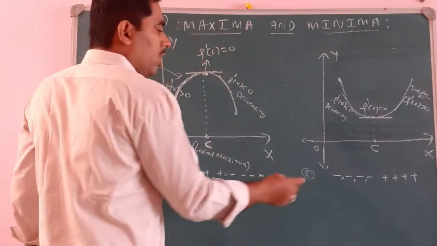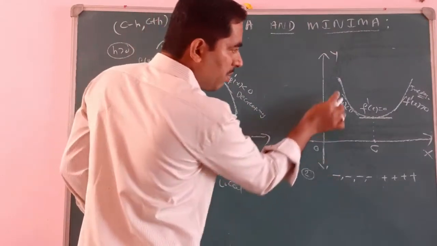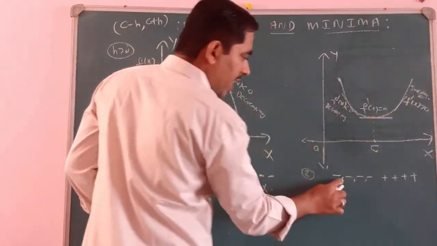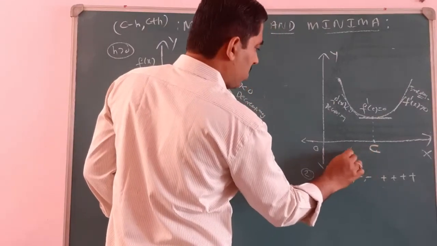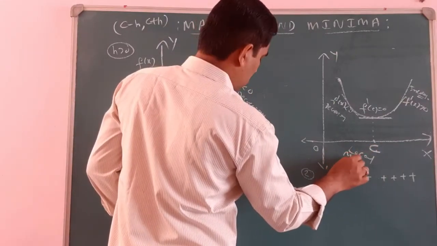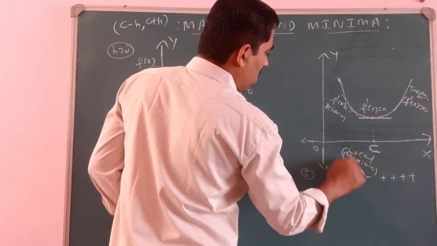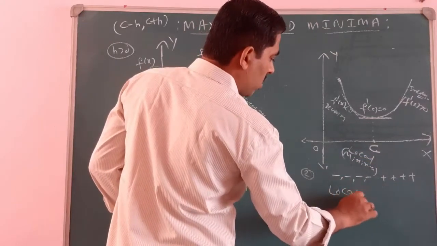So f dash x changes its sign from negative to positive. Negative to positive, then we get a point, and this point is called local minima.